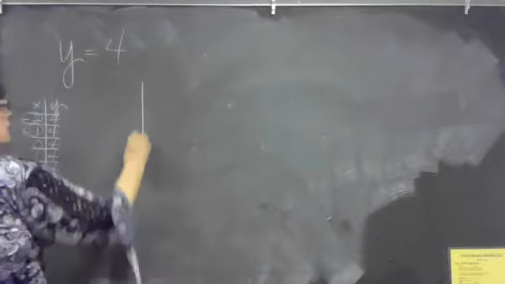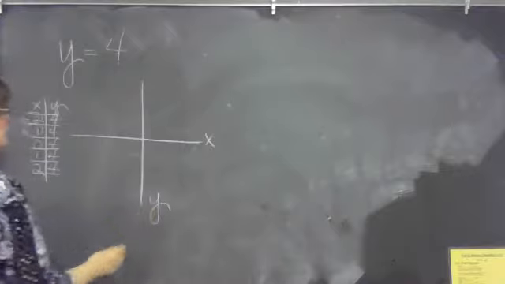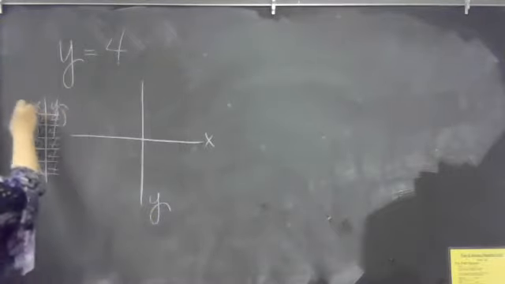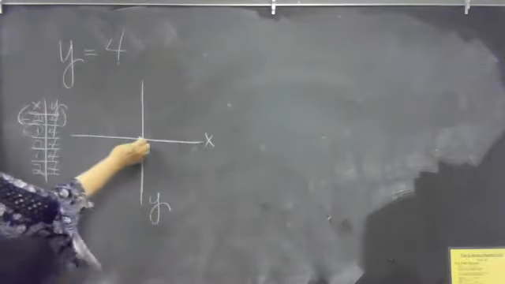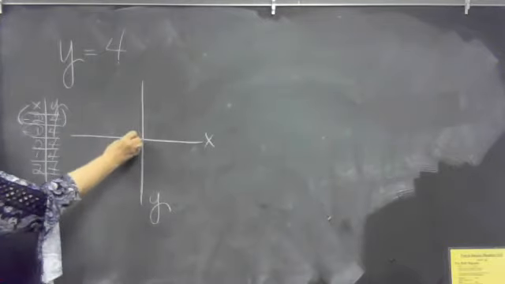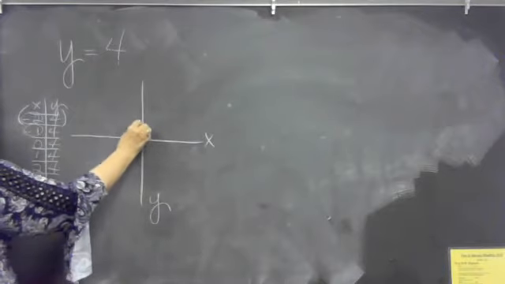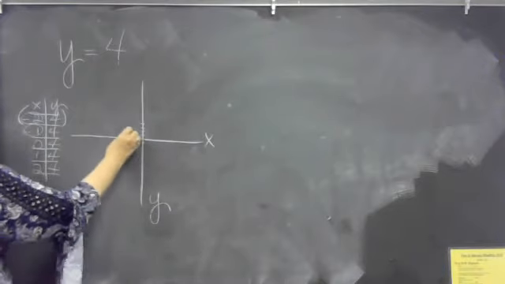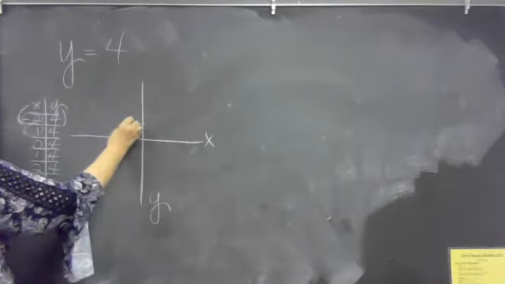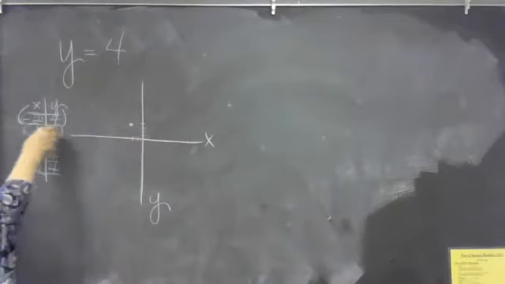Okay, here is your x and y axis. To plot this point, I need to start at 0, and I go -2, and then up 1, 2, 3, 4. So my point is right there. And then I'm going to plot this point.